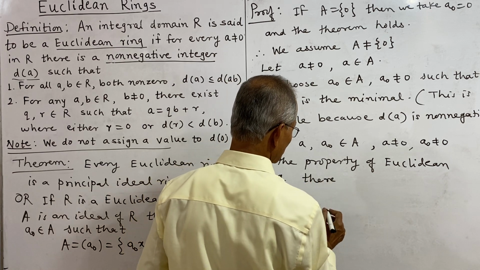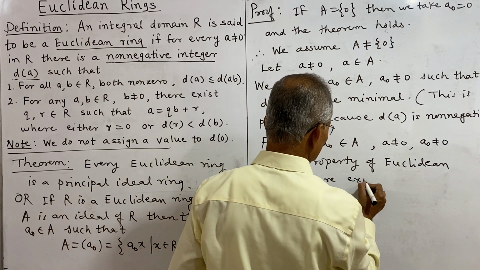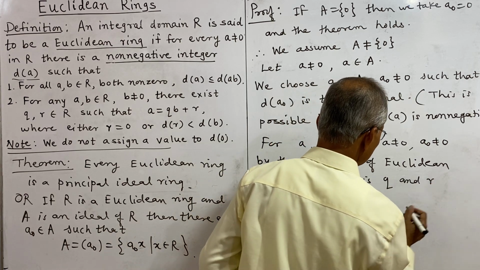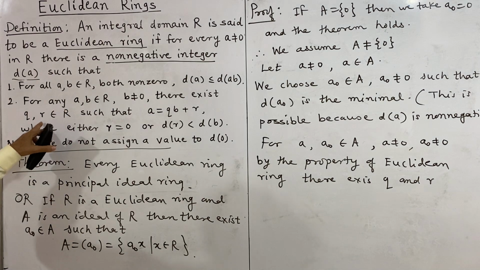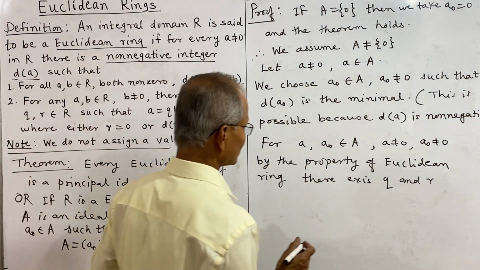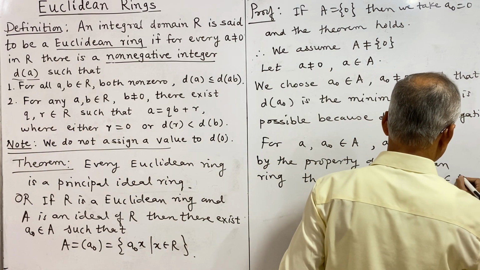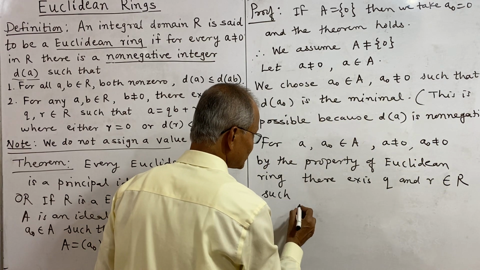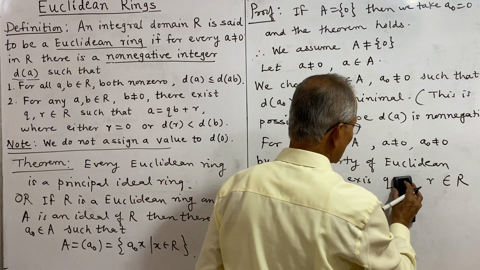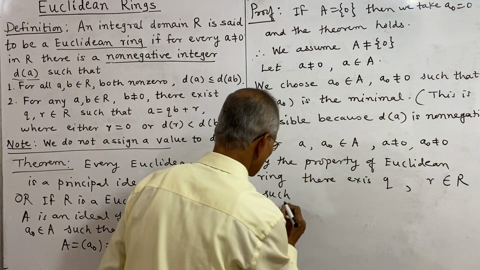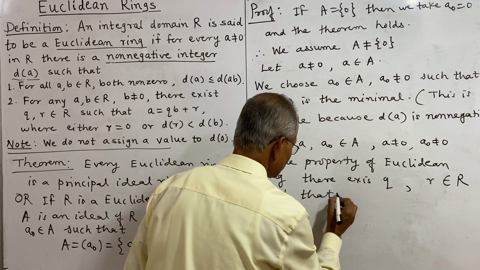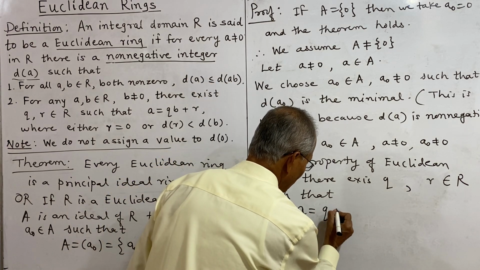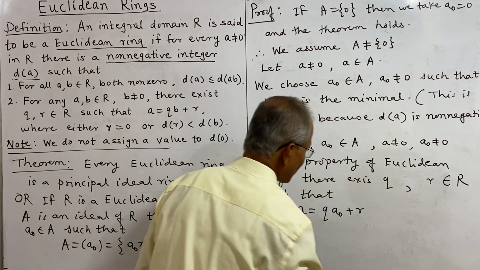See, there exist q and r, integers q, r belongs to R, such that a is equal to q a0 plus r.